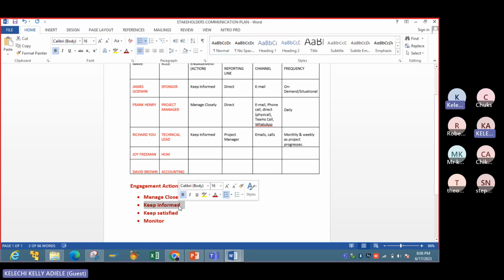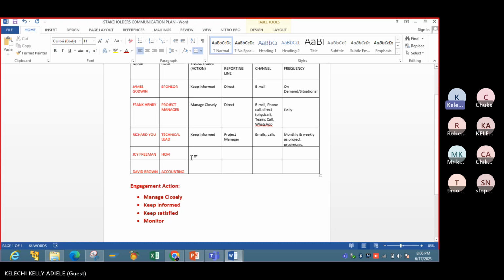I also think that for this position, you can have two engagement actions: manage closely and also keep informed. But here we don't have two engagement actions. We have one, the highest in the hierarchy of those two.